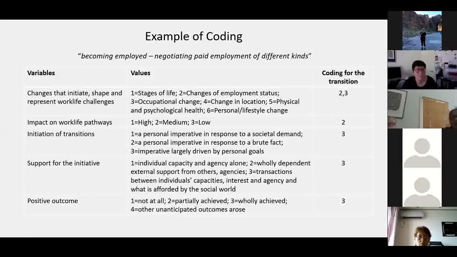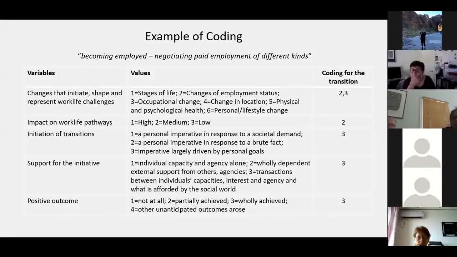So we mapped, or categorized, these 205 occupational transitions against these values. For this particular example, becoming employed, negotiating paid employment of different kinds, the coding signifies a change of employment status and occupational change.